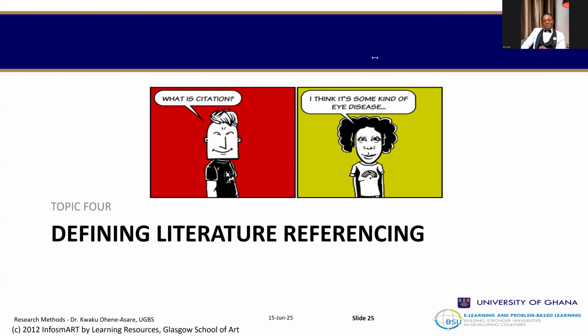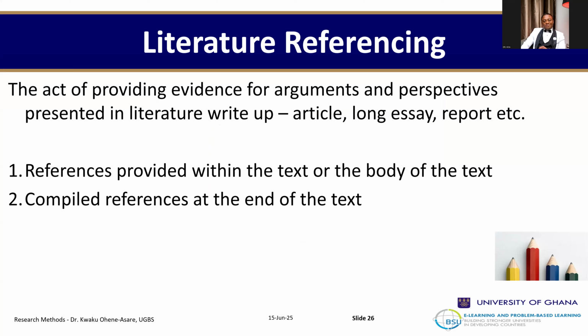Good. So now let's look at how you define the referencing of the literature. How do you define it? If you provide evidence for an argument and perspective that has been presented in the literature, that is referencing.